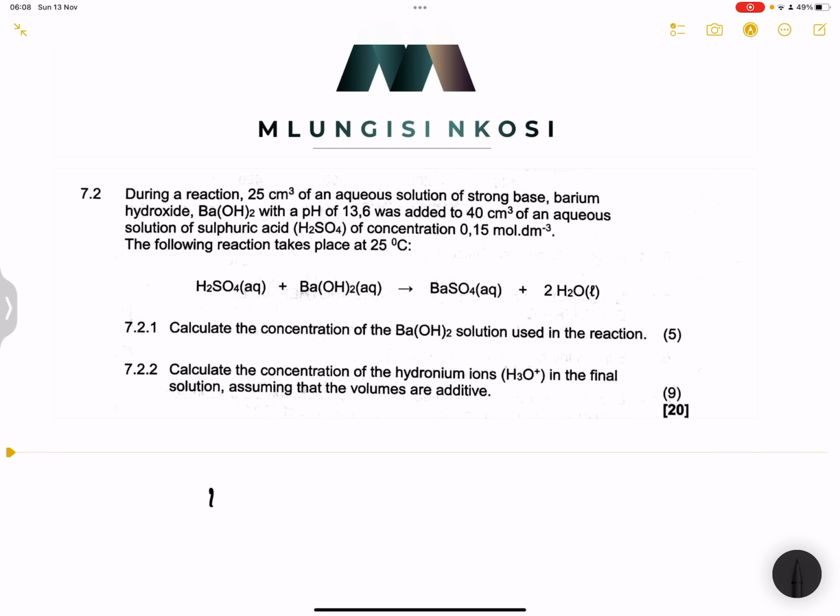In fact, there's a much easier way of doing this so that you get to the barium hydroxide. So remember that pH is minus the log of the hydronium ion concentration, right?